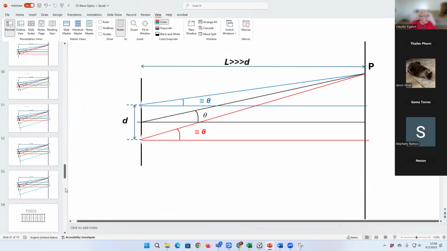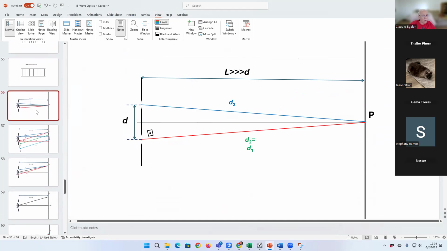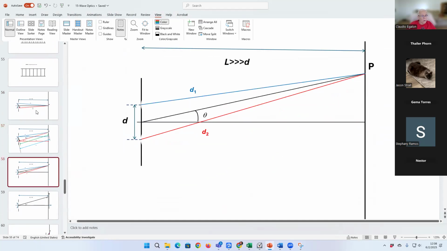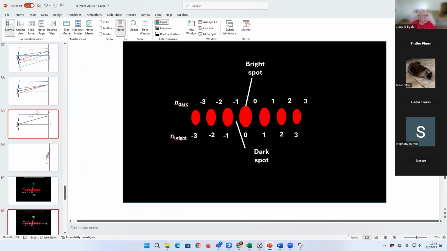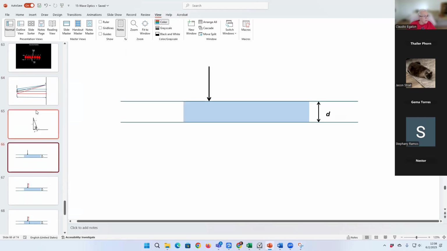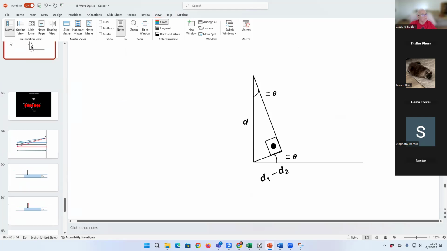Let's see where's my right angle triangle. Right in here, my right angle triangle. Oh, that's the one I want. Let's move it up.